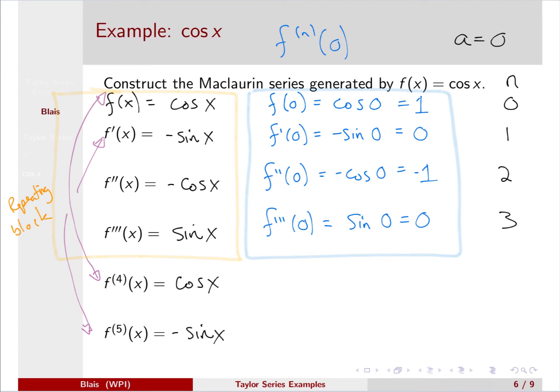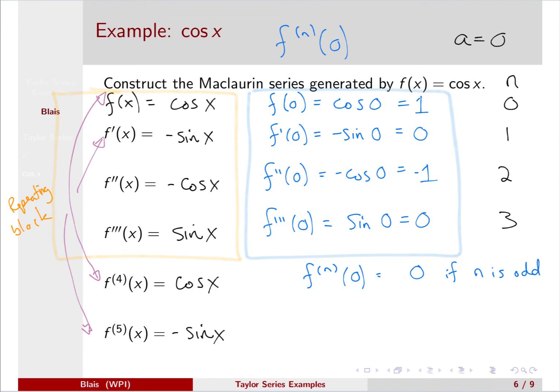So f^(n) of 0 is going to be equal to 0 if n is odd. But then we see when n is even, we have to have things alternating. So we have 1 when n is 0, minus 1 when n is 2, 1 when n is 4, minus 1 when n is 6, and so on and so forth.